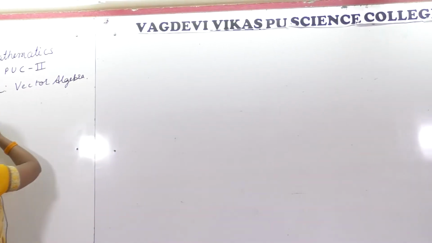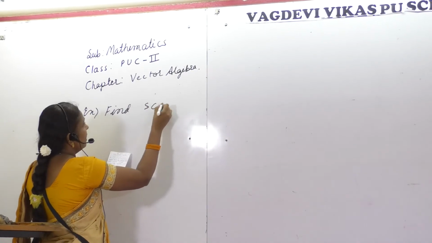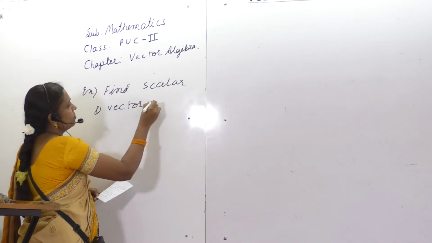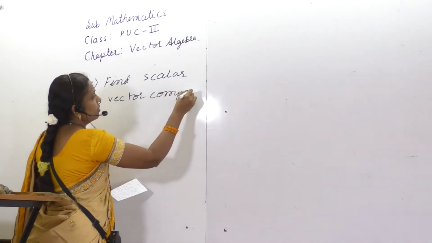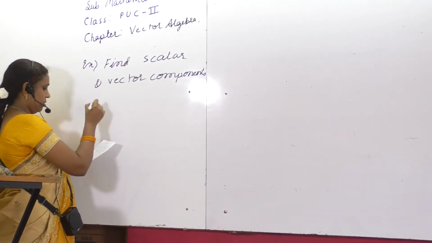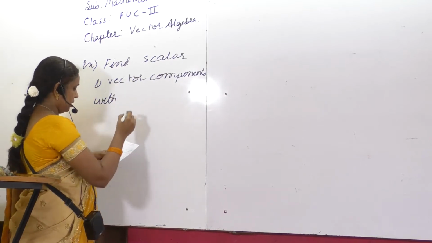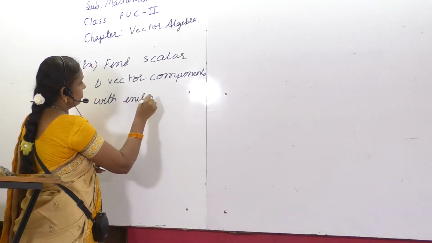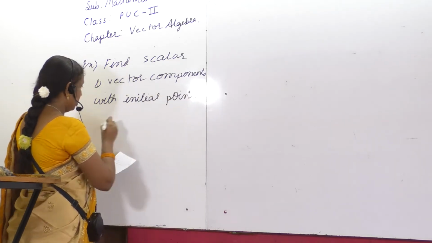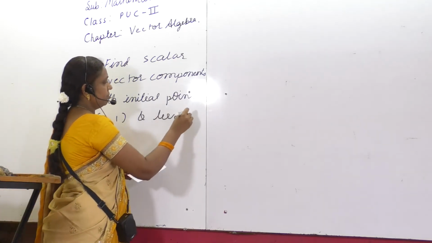The question is, find the scalar and vector components with initial point 2, 1 and terminal point.